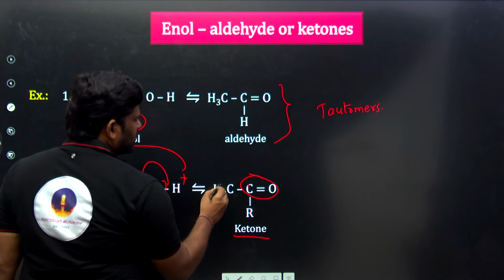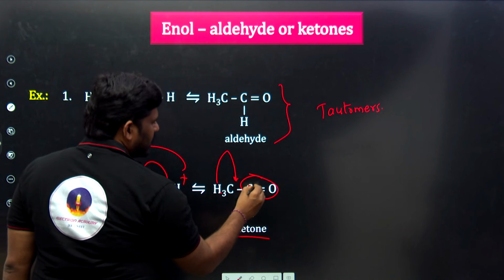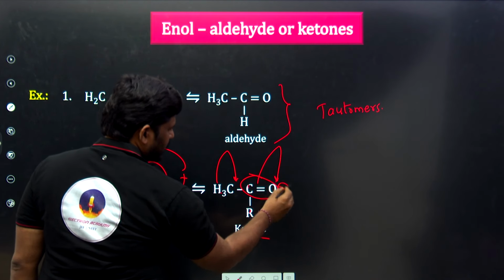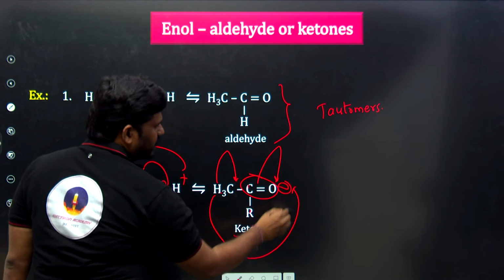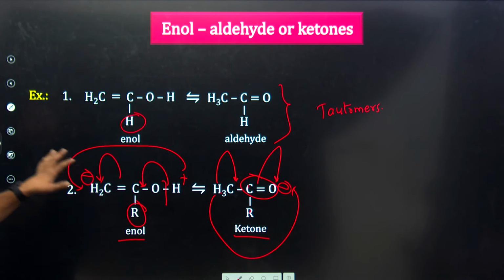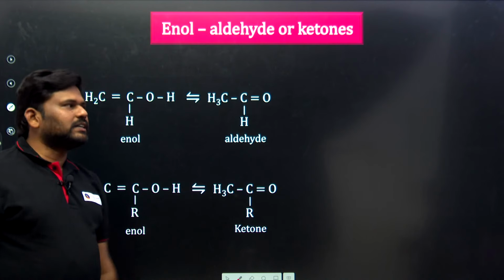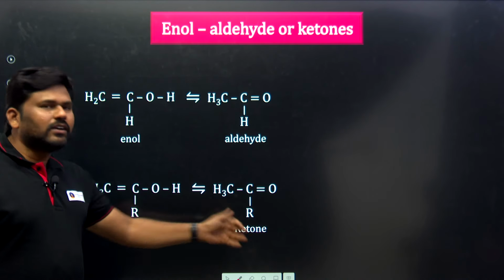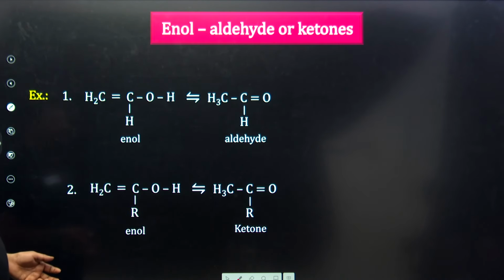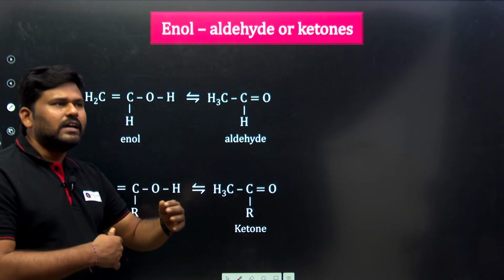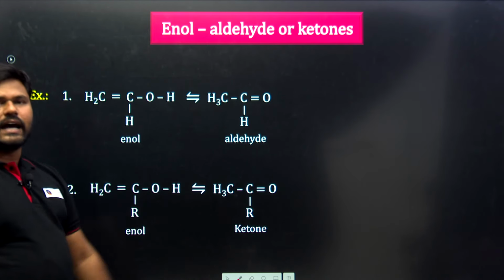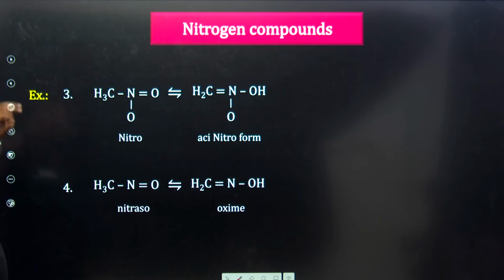One hydrogen shifts here and bonds back again. This is called the forward reaction as well as the backward reaction. Enol converted to ketone is forward and ketone converted to enol is backward. This is dynamic equilibrium, second example.